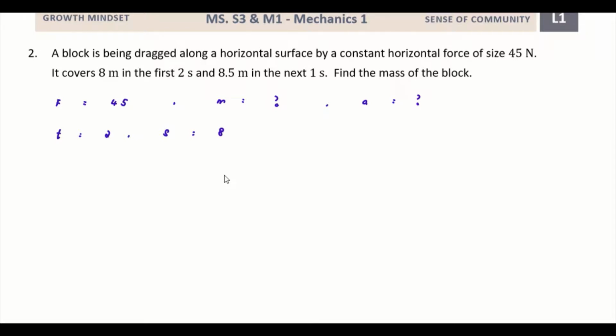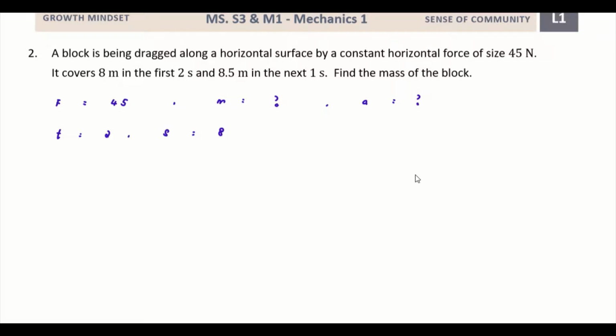Then after that, it covers another 8.5 meter in the next 1 second. So you have two choices here. The first is to build another one where t equals 1 and s equals 8.5. If you do that, you are comparing the initial velocity, so the final velocity of the first will be equal to the initial velocity of the other one.